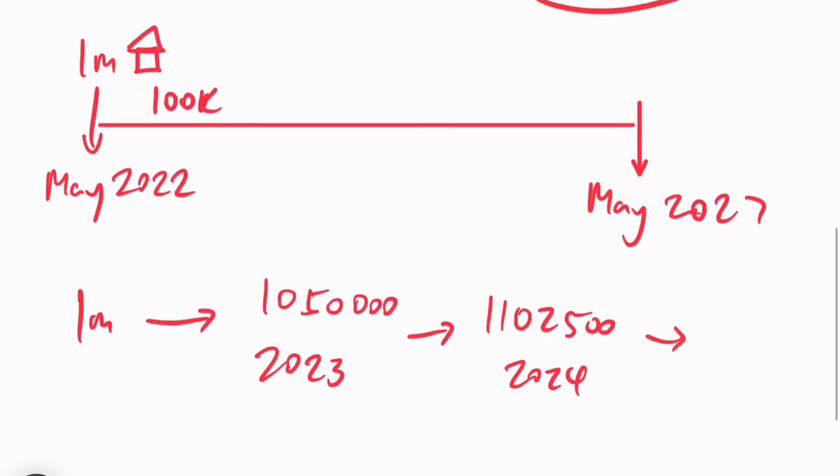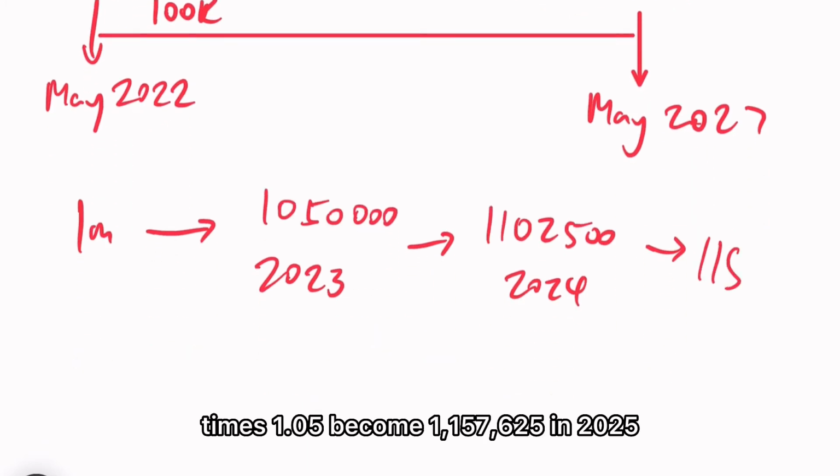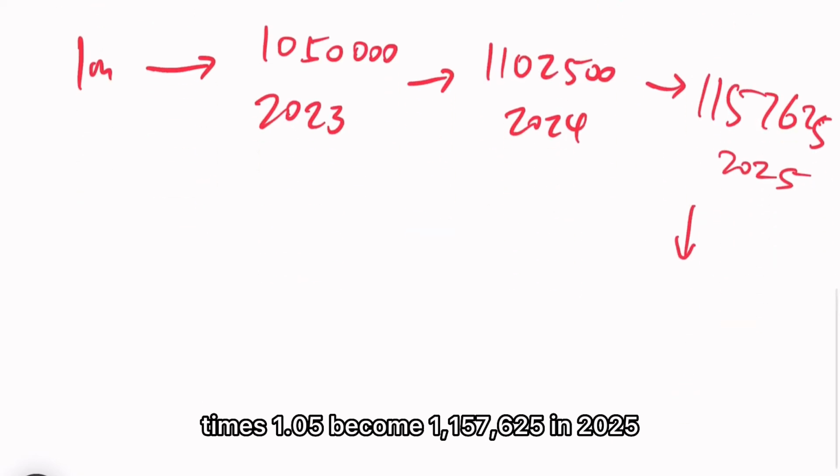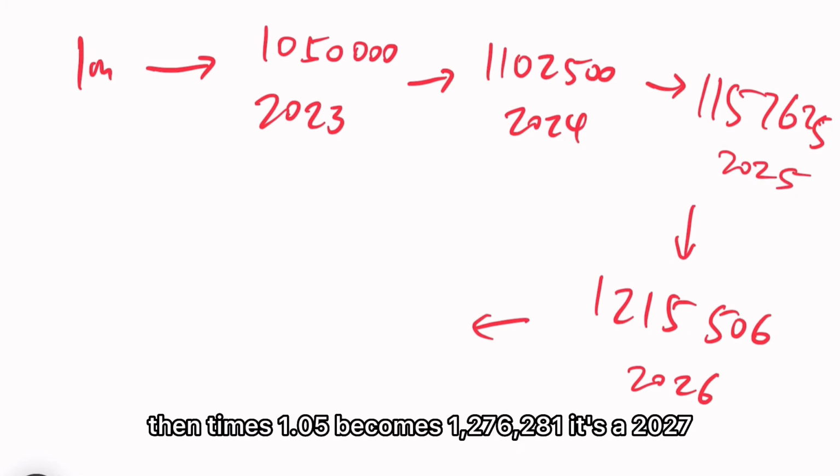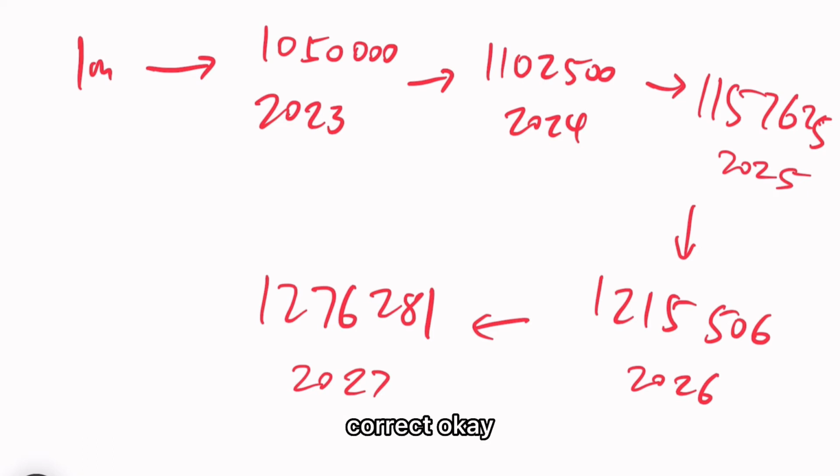Then times 1.05 becomes 1,157,625 in 2025. Times 1.05 is 1,215,506 in 2026. Then times 1.05 is 1,276,281, that's 2027. Correct.